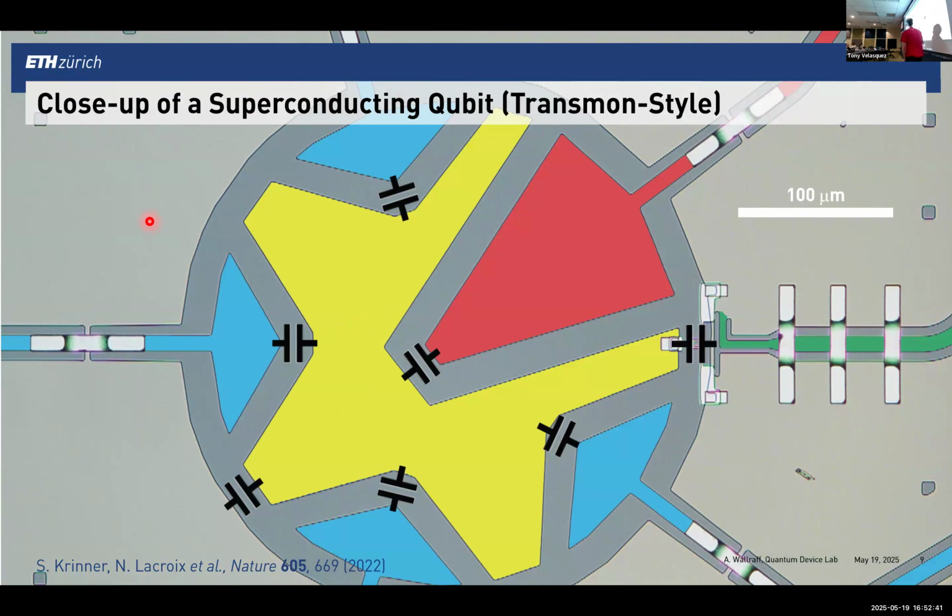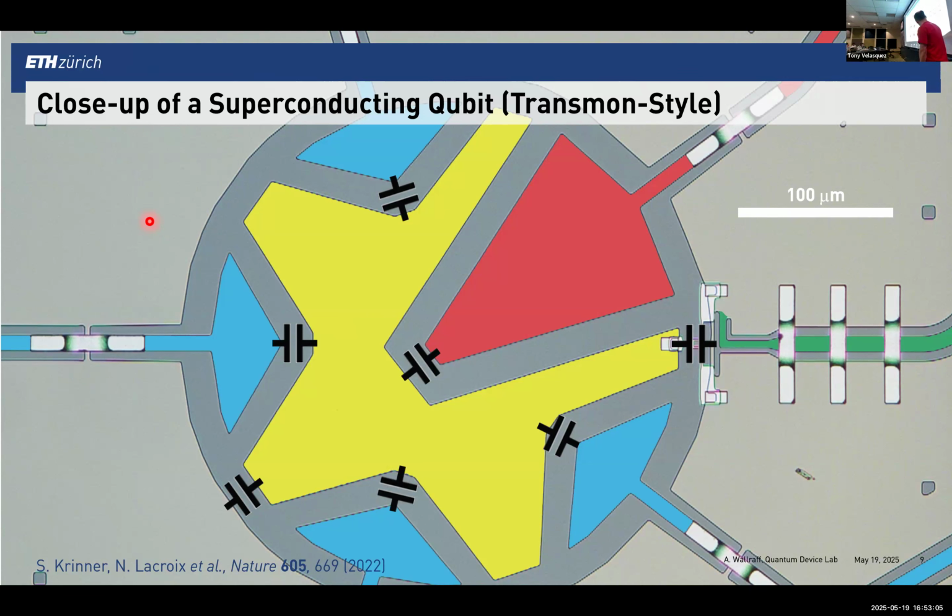So what Daniel is referring to is the couplers between qubits. They're connected through these air bridges, and the grounds are connected in the ground plane. Here it's done in the reverse way, and you could ask yourself why that is. We actually made devices both ways.